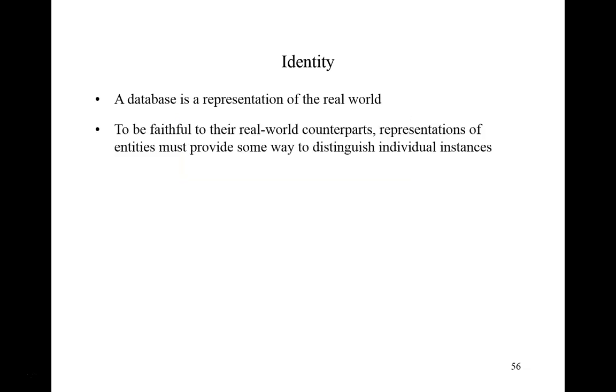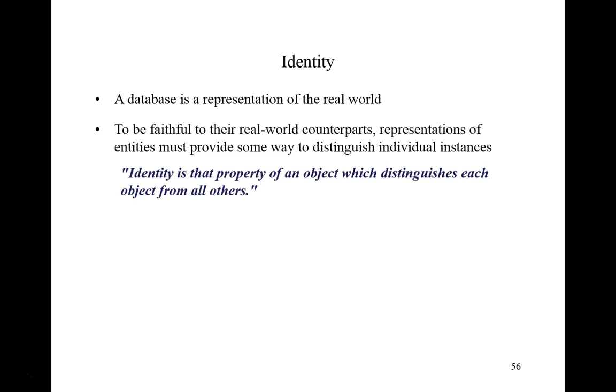To be faithful to their real-world counterparts, these representations must provide some way to distinguish individual instances. Talking about the entity relationship modeling approach, we define an entity as something that is uniquely identifiable or distinguishable within that application domain. So the concept then of identity comes into play.